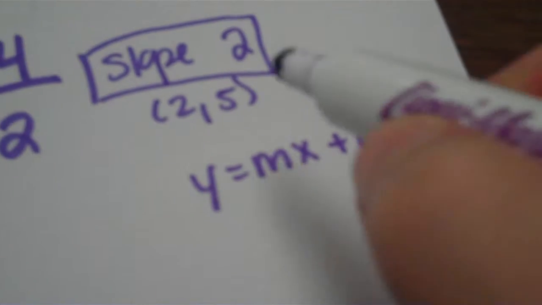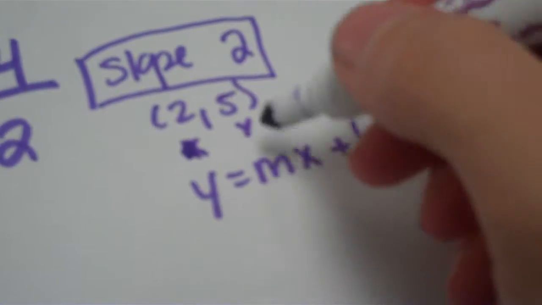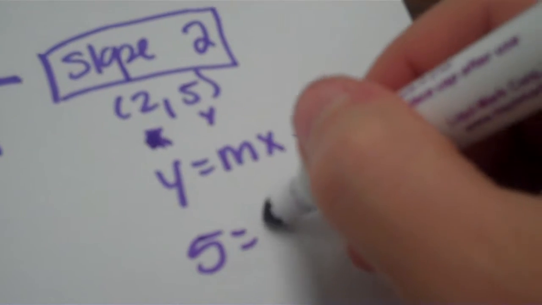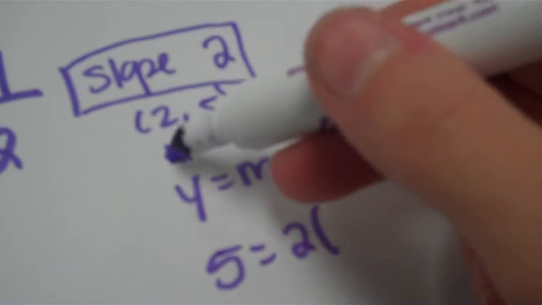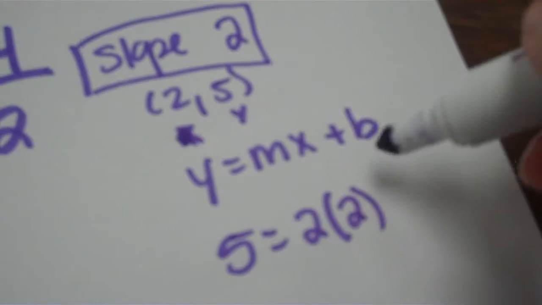What's my y value? Well, that's my slope. This is an x value. You can barely see that. X value, and this is a y value. So my y value is 5. So 5 equals. My slope is 2. My x value is also 2. That comes from here, the x value right there, plus b.